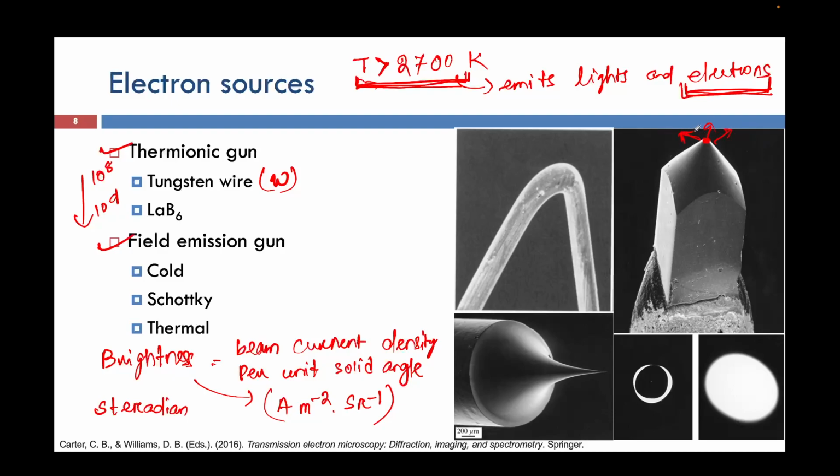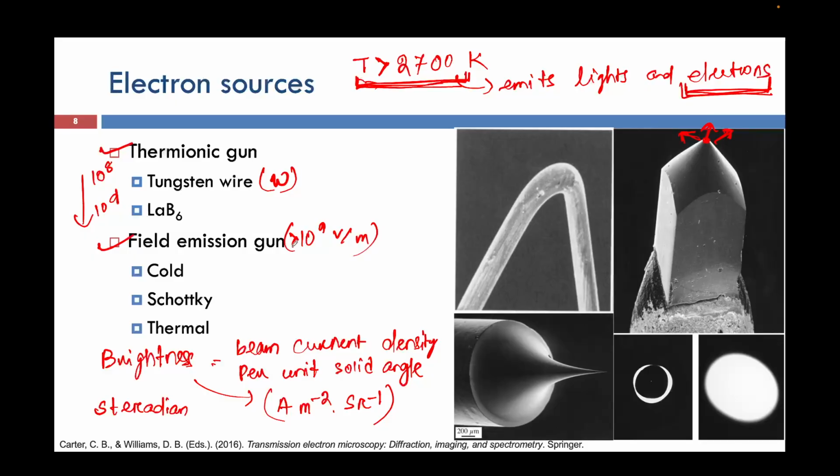This is a process called tunneling. And the electric field produced has to be greater than 10 to the power 9 volt per meter, then only the electrons will come.